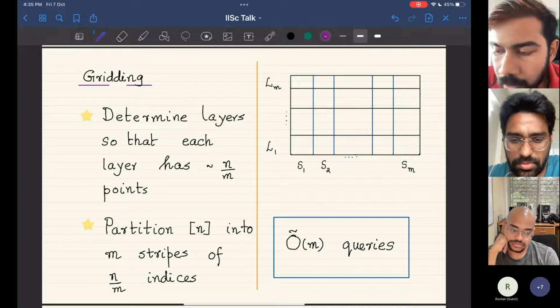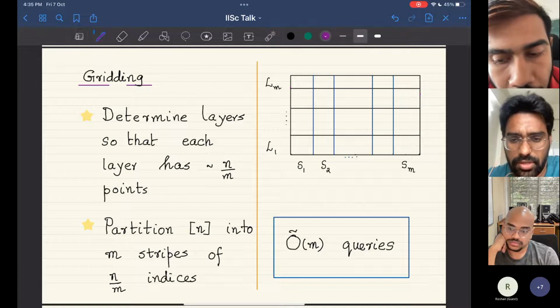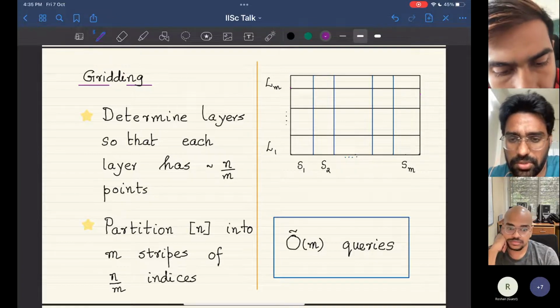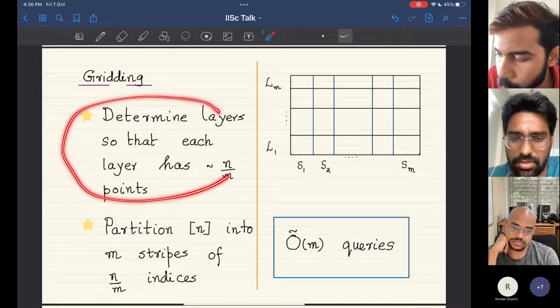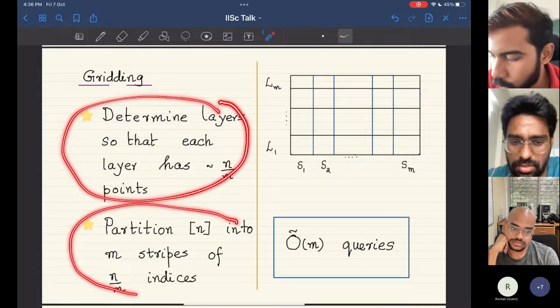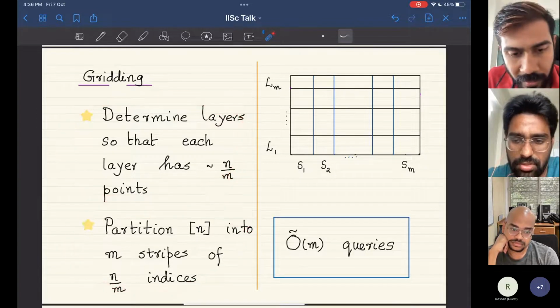One question: how can you say you do this with sampling? Why do you say that without any query? What do you mean by sampling then? Oh, no. For the layers, of course, to do this I have to make queries. But for the stripes, I don't need to make any queries.